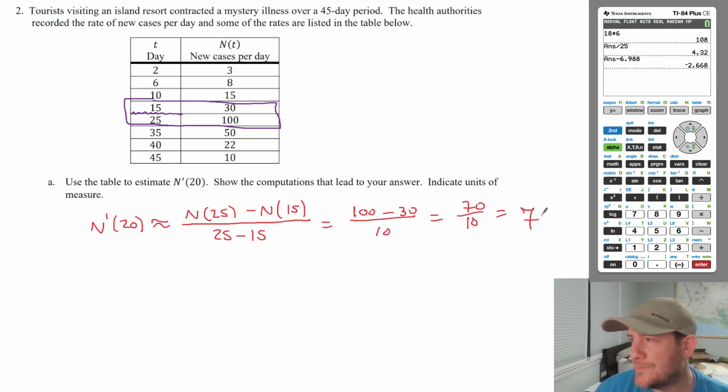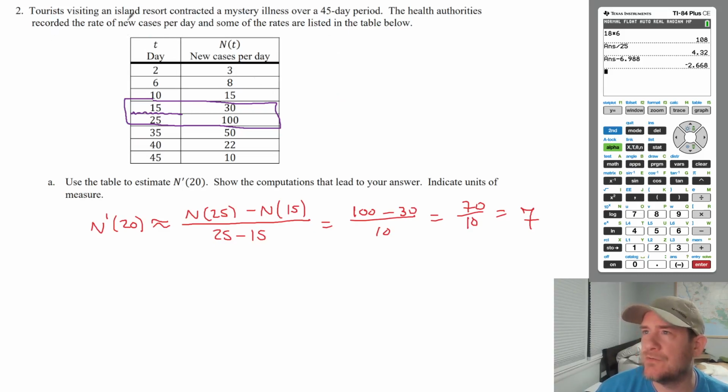which is 7. And what would my units be? Well, N of t, my y variable, is new cases per day, and my time is days. So this is a rate of a rate.